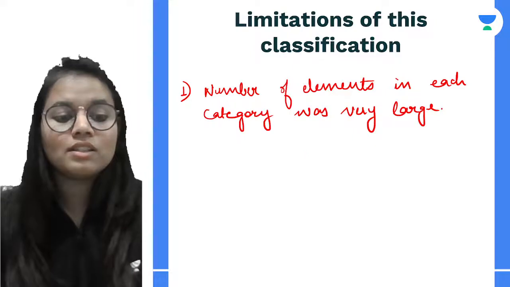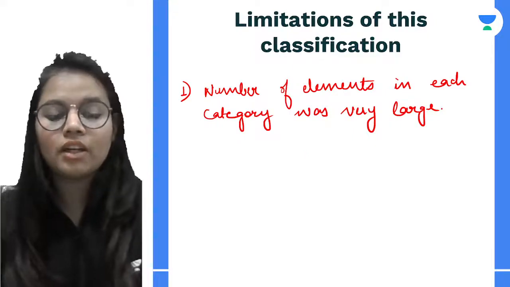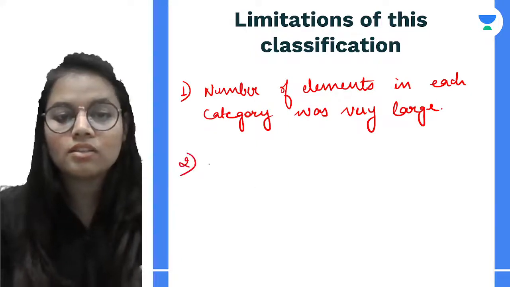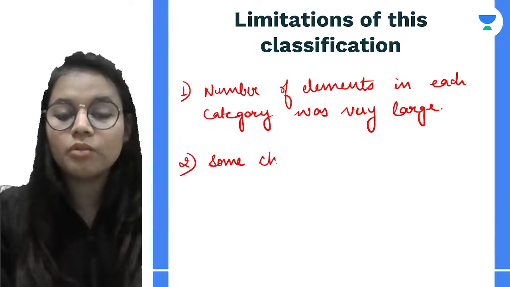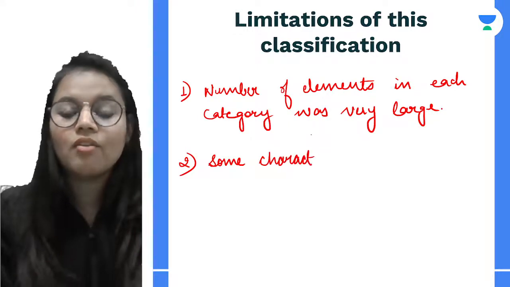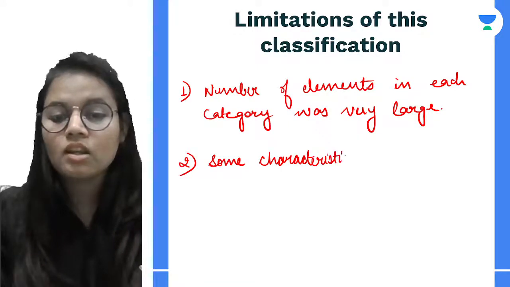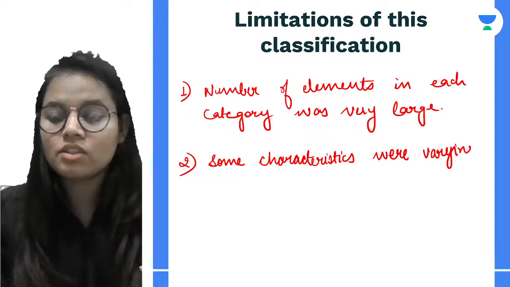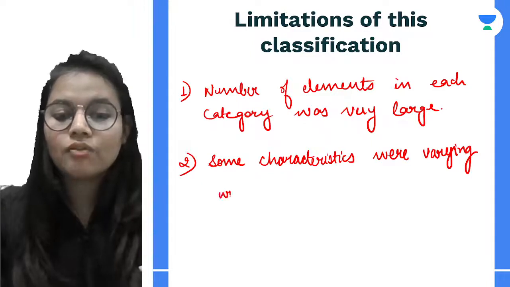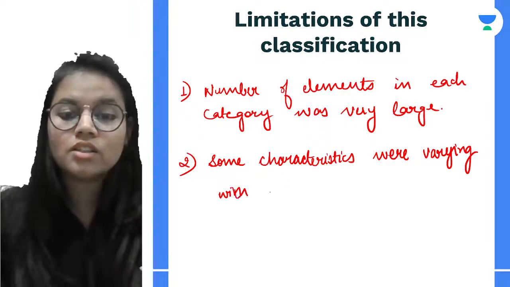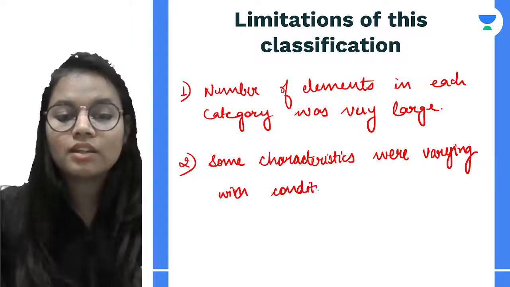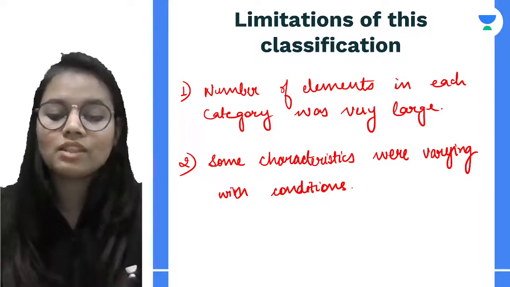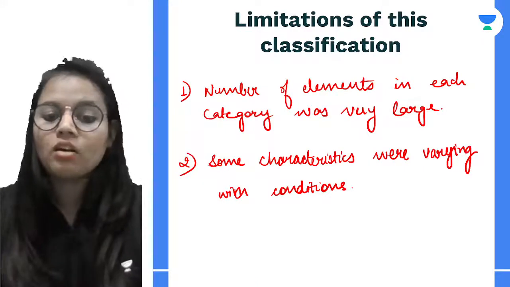What was the second demerit or second problem with this law? Some characteristics of the metals or the non-metals were varying. Some characteristics were changing with conditions. For example, if I change the pressure or the temperature, some of the characteristics were changing, and Lavoisier didn't have any satisfactory answer to this question.